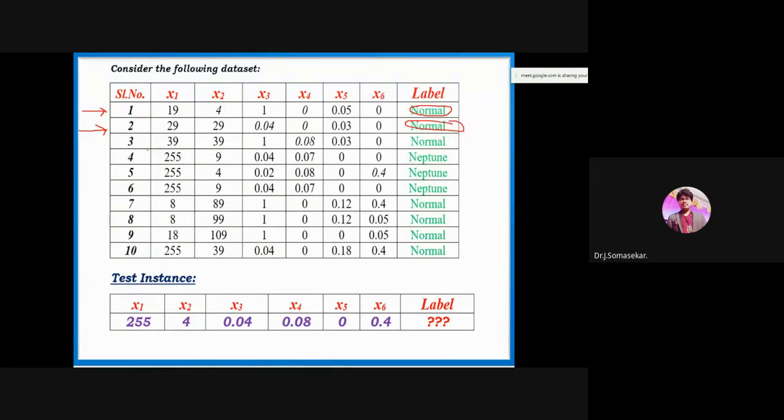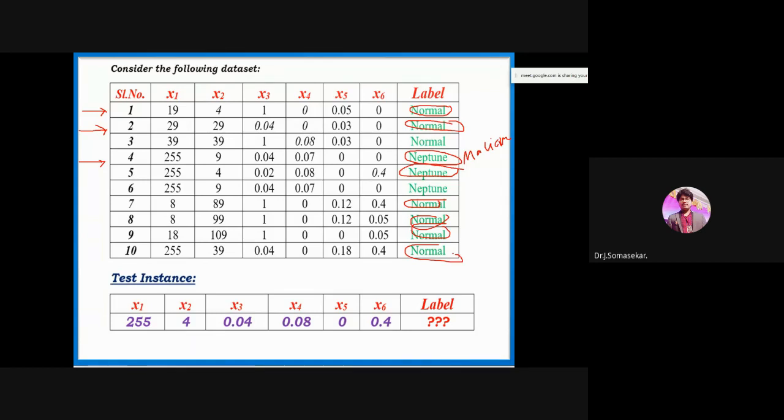Here we can see the fourth record, where the class is one type of attack called Neptune. This is abnormal, which we can call malicious data. Here also we have one type of attack called Neptune. The Neptune attack is related to web browsers, and we have normal, normal, normal, normal.